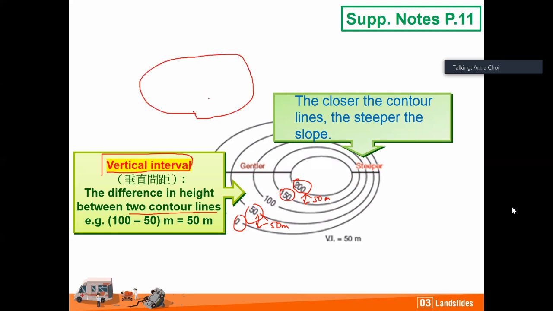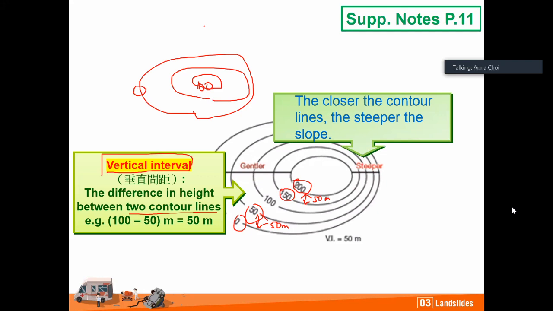For example, right now I just randomly draw some. Sometimes I will give you the contour lines, but I do not intend to give you every data. So I just give you here 0, and this one is 100. Can you guess what should be the value for the second contour line here? 50.